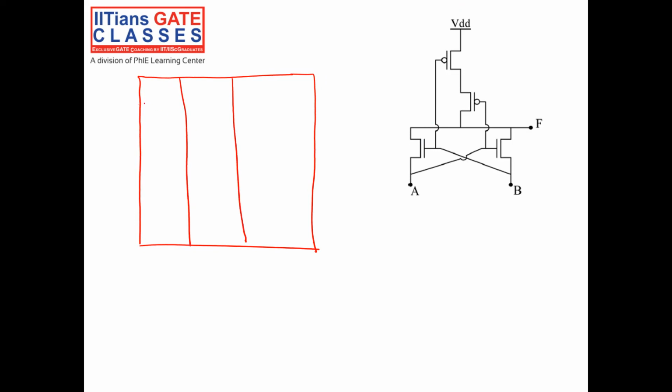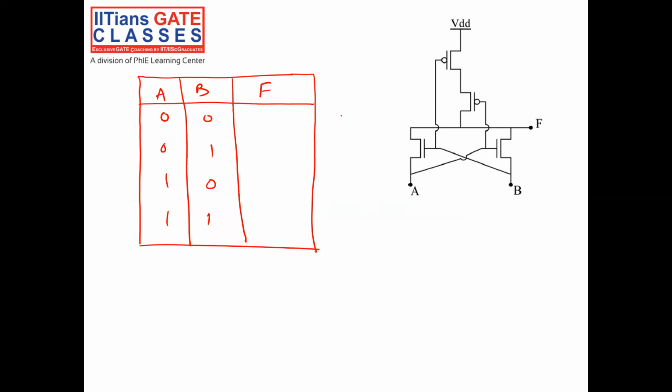So let's take two inputs, A and B. This is my output F. I have to find out the output in all the variations. Input is 0 0, 0 1, 1 0, and 1 1. So in all the combinations, I have to find out the output.